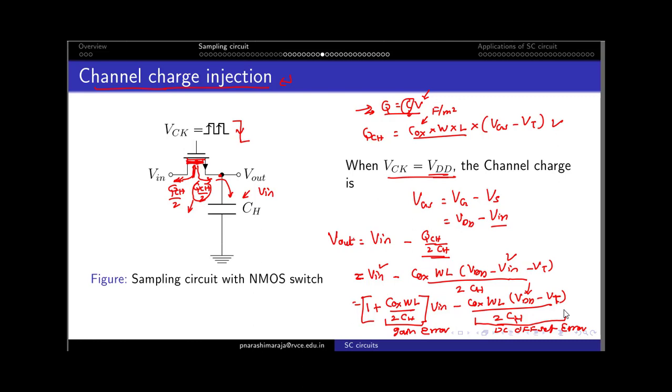But these terms are actually evaluated on the assumption that there is no body effect. We know that the body of an NMOS is generally connected to the ground, whereas the source is not connected to the ground. So there is always a potential difference between the source terminal and the body, due to which one has to encounter even the body effect.